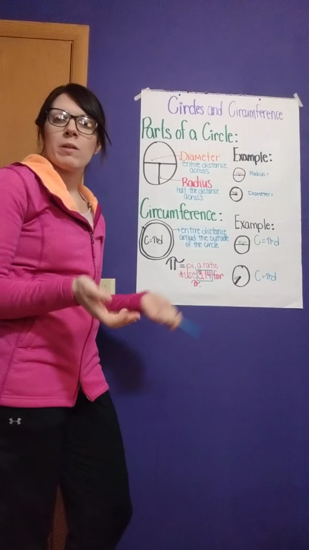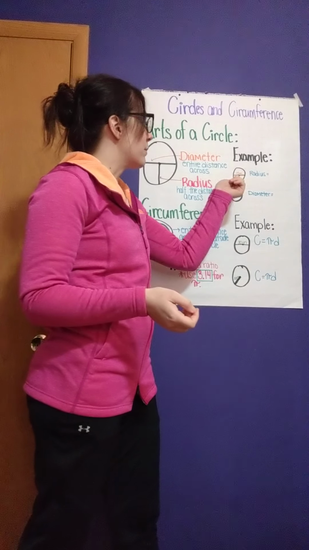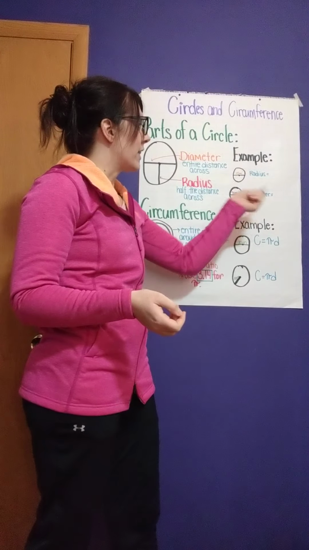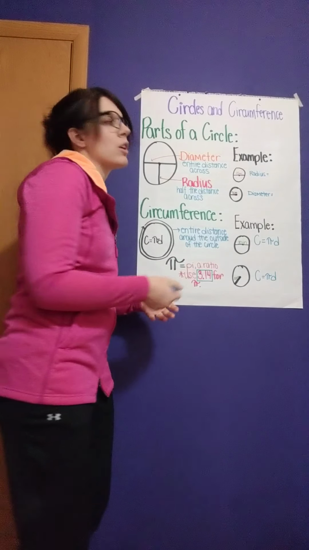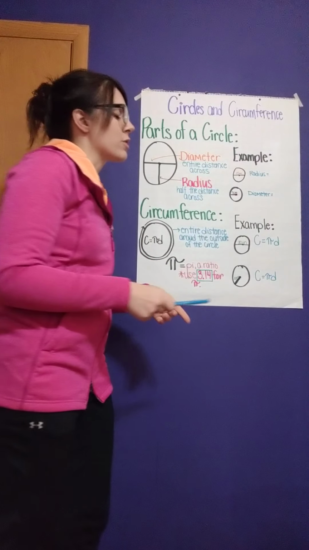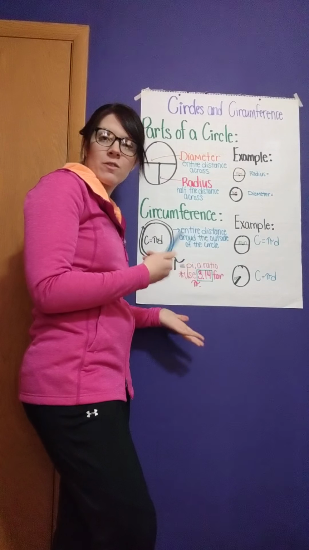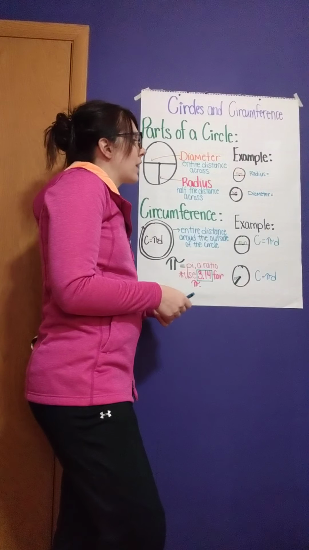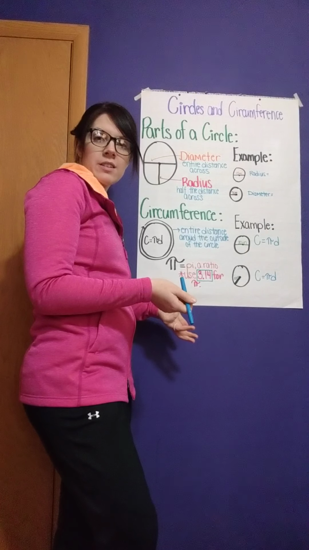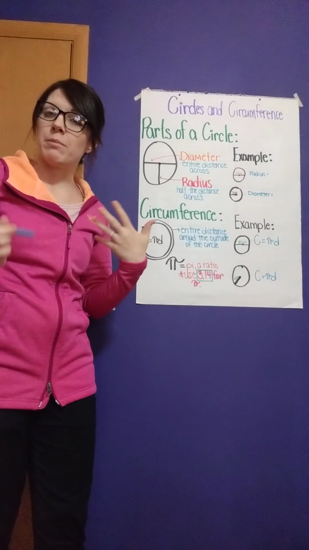And so when we were moving back and forth between diameter and radius, we had to use this knowledge to get the answer. So if by chance my diameter is 15, and I would need to figure out the radius, I would have to divide by 2.